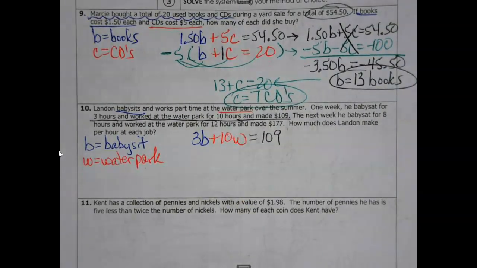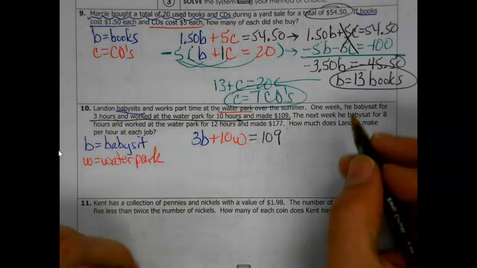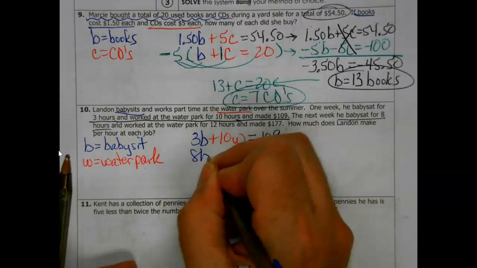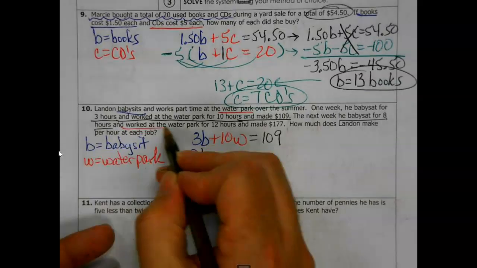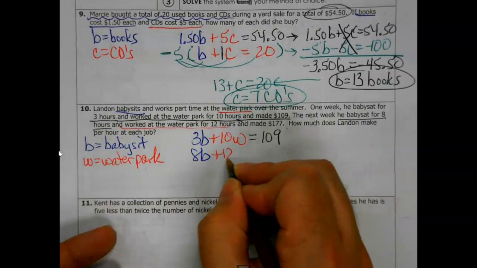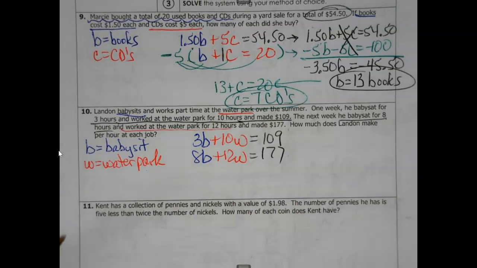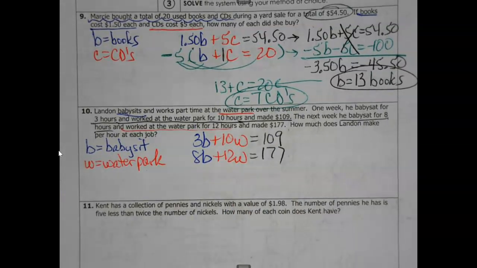Okay, so there's an equation right in the sentence. The next week, he babysat for 8 hours, worked at the water park for 12 hours, and made $177. How much does he make per hour at each job? Okay, I've got something to work with now.